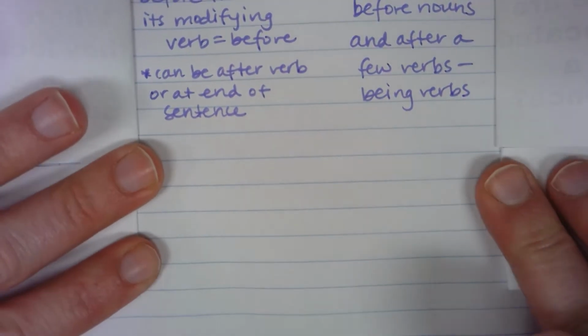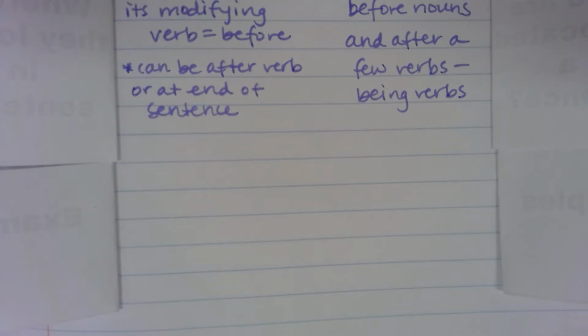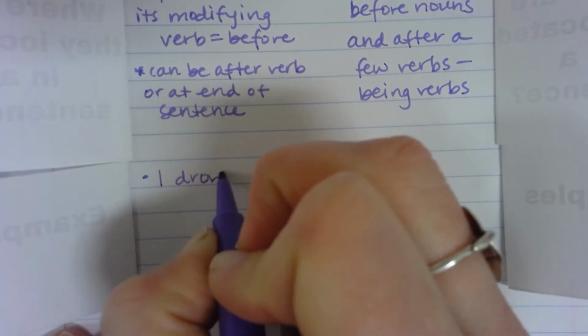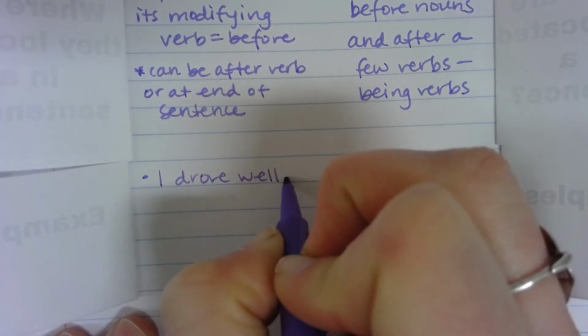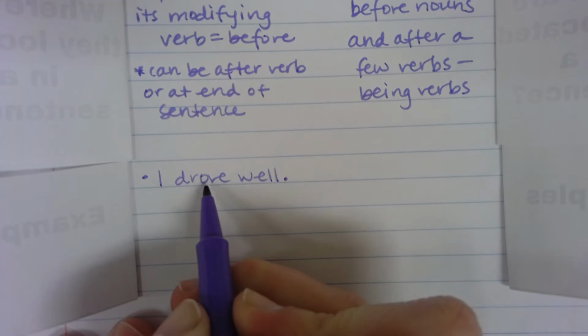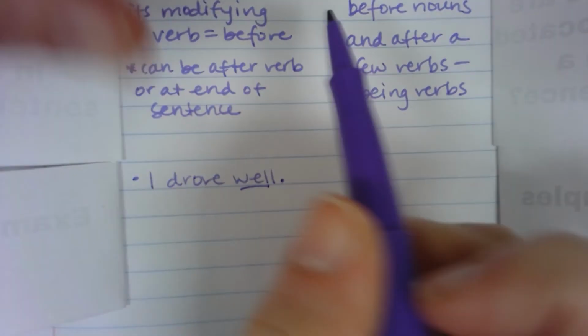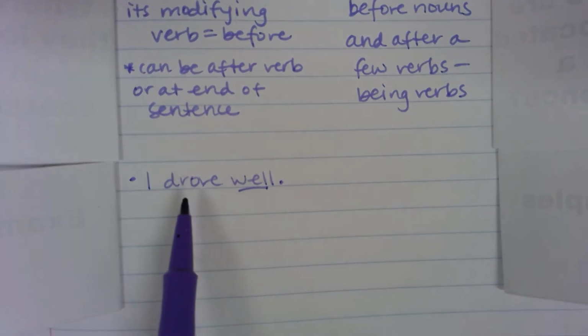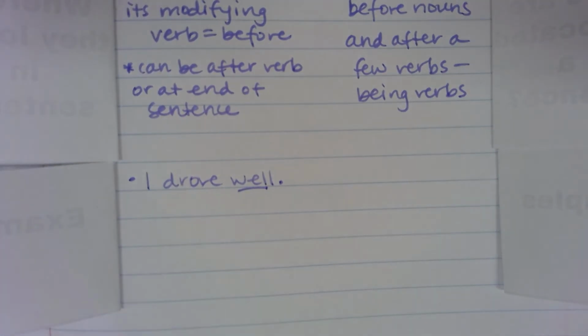These open. Okay, so 2 sentences for each. First one, I drove well. Drove is my verb. How did I drive? How ly? How ly, or to what extent did I drive? I drove well.